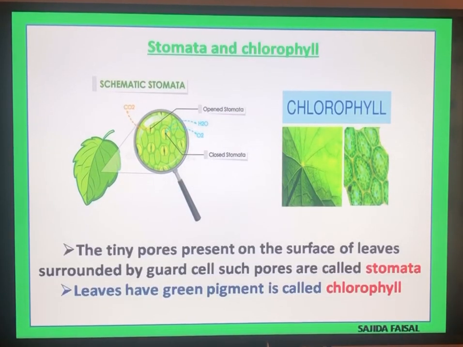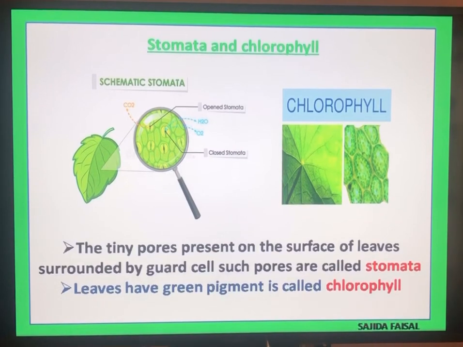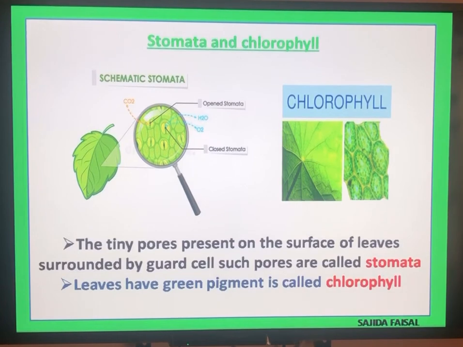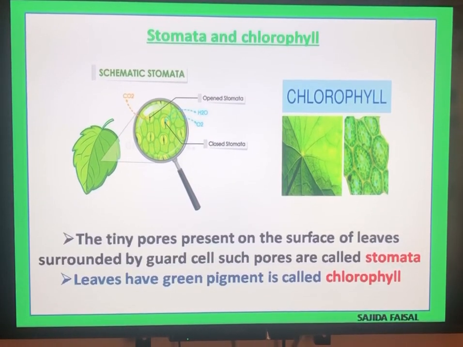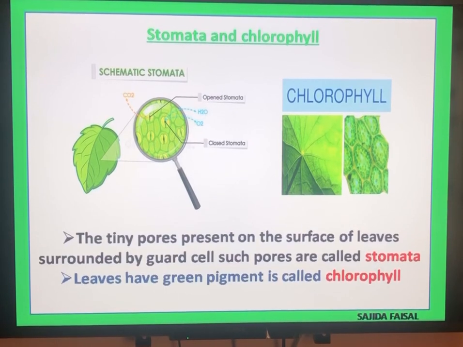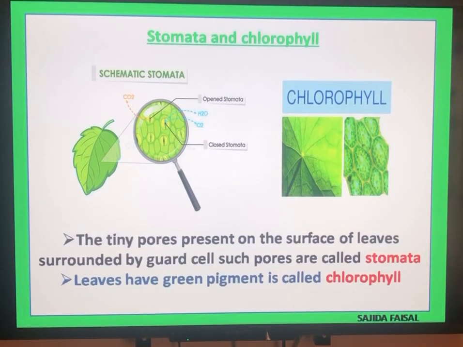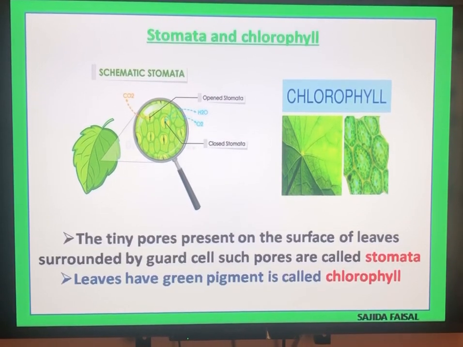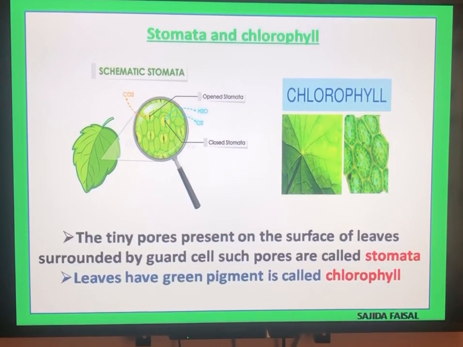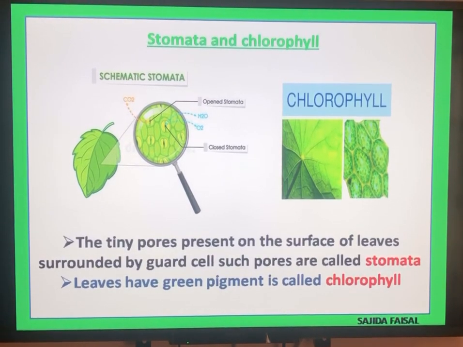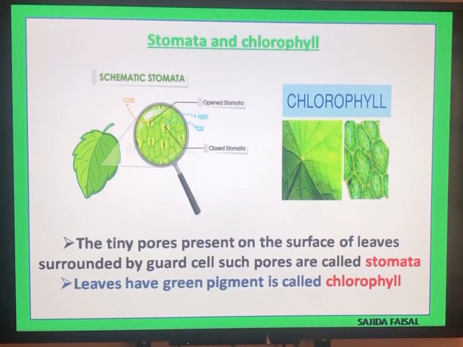The next one, stomata and chlorophyll. We have to know what is stomata and chlorophyll. Chlorophyll is a green pigment in the plants' leaves. The leaves also have small tiny pores. Through these pores, the carbon dioxide will be entering the leaves. These tiny pores are called stomata. They are covered by the guard cells. What is stomata?